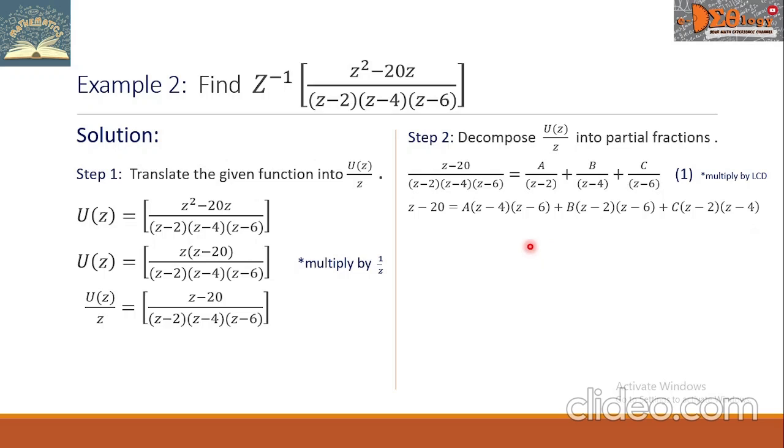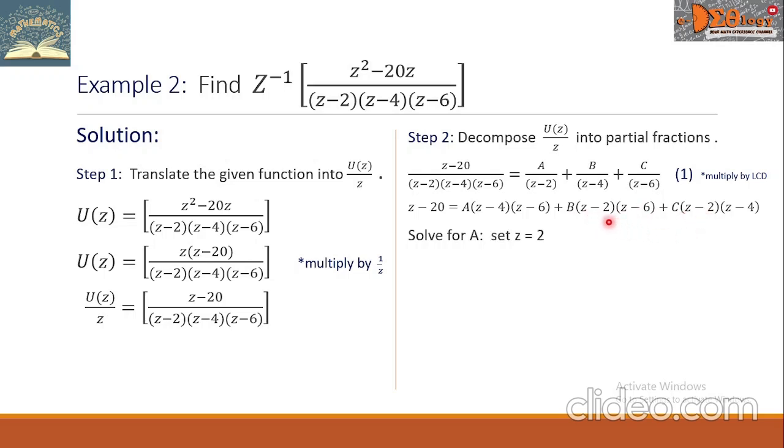Let us now solve for A, B, and C respectively. We say that this is an equation and this is true for all values of z. Let's begin with solving for A, which means let us try to eliminate B and C. Notice that for the variables B and C, they have a common factor, and that is the z minus 2.